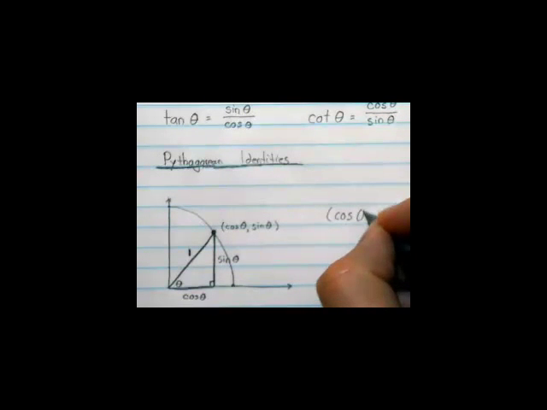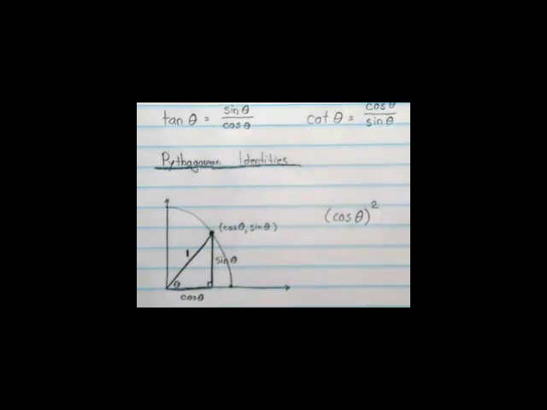So cosine of theta squared plus sine of theta squared equals 1 squared. Right from that little right triangle we just drew. Now I'm going to introduce to you probably a notation I'm not sure you've seen before: instead of writing cosine theta squared like this, you can write it like that.